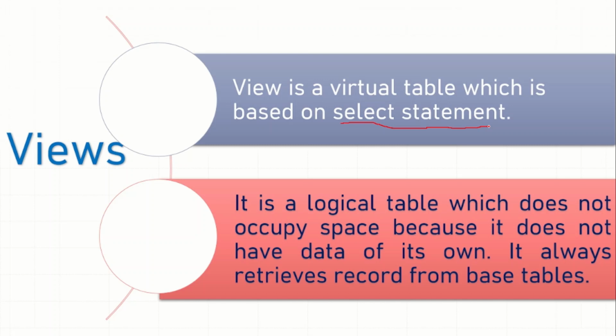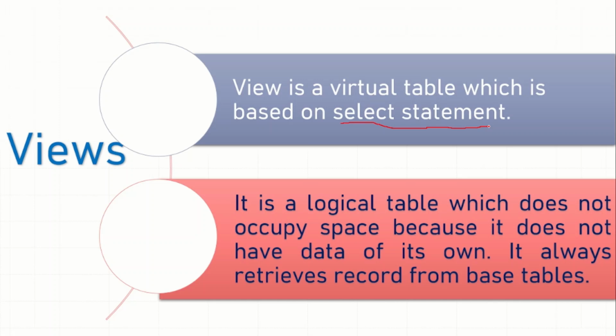But suppose I have a requirement that I want to see employee number, name and salary. I need not create a separate table for it and populate data into it. Simple, I need to create a view that will be able to give you the required data.